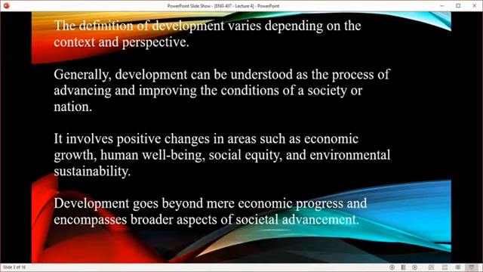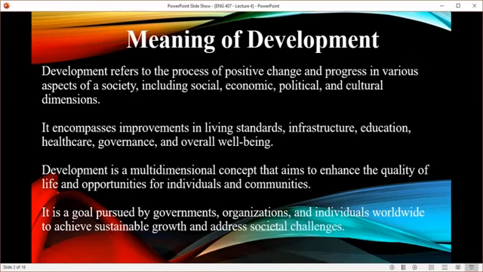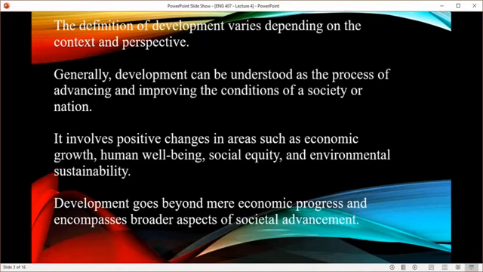But that being said, generally, development can be said to be the process of advancing and improving the conditions of a society or nation. Because achieving a situation where all that is necessary for people's well-being to be considered improved, or societal challenges to be drastically addressed, will take a long time.